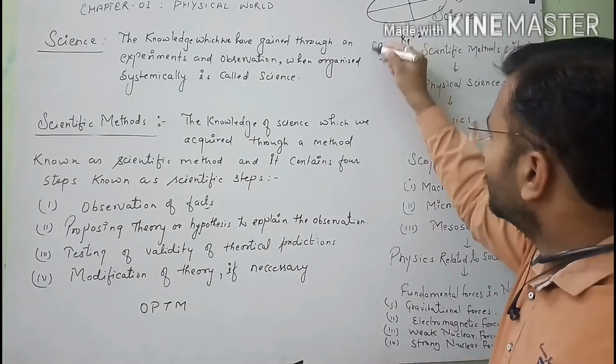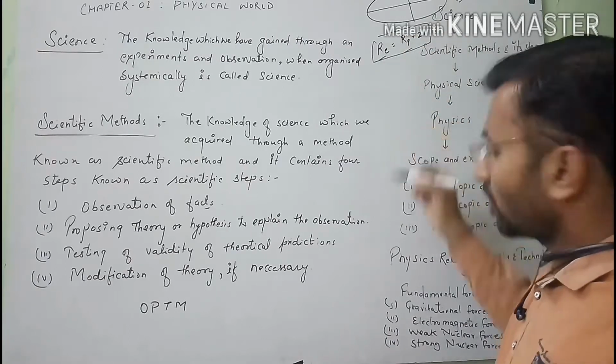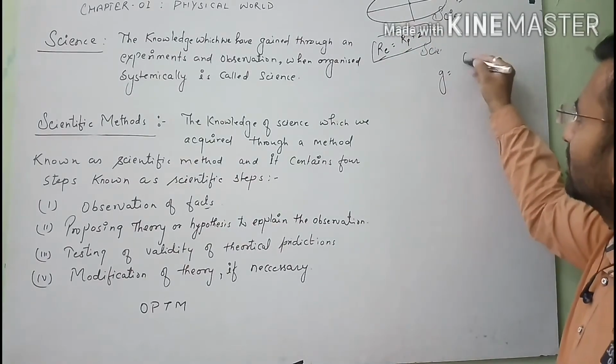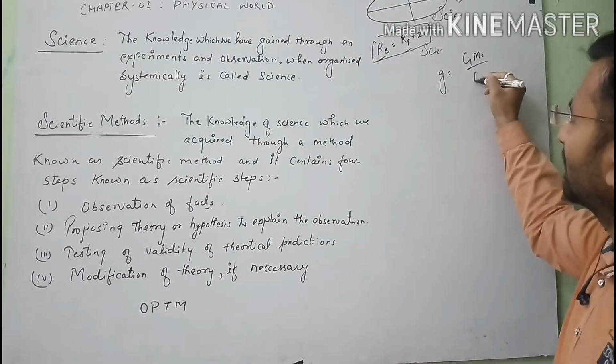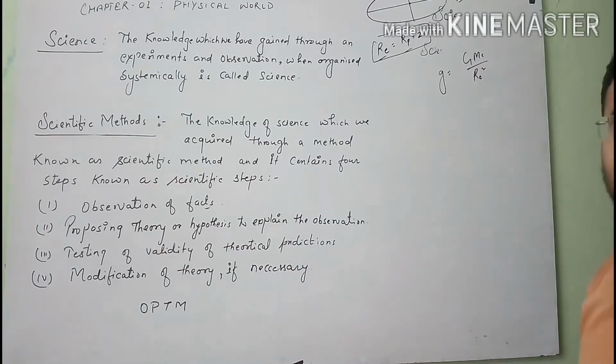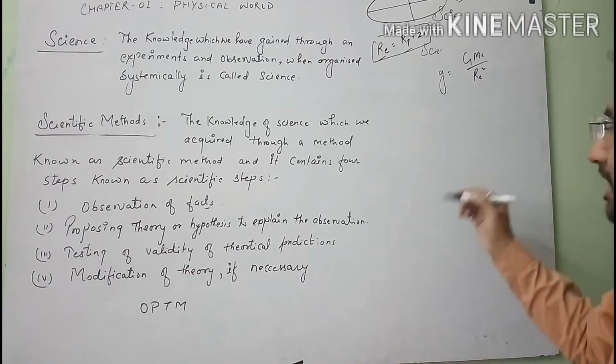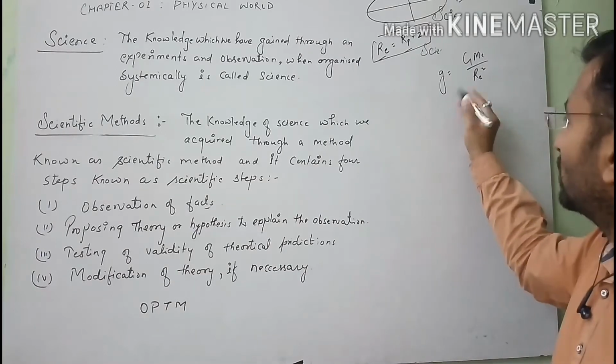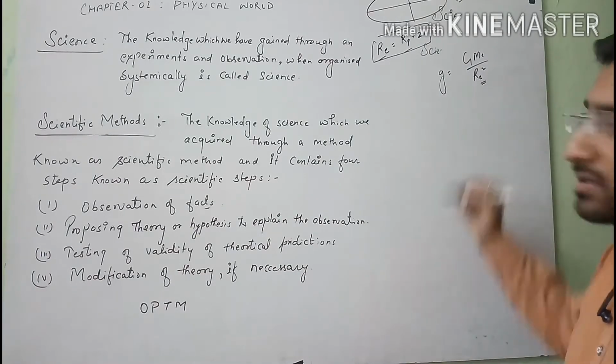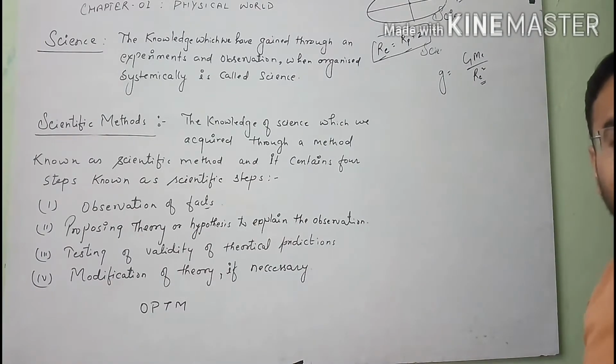At that time you will use the formula g = GM_E/R_E². You can easily see that the value of g depends on the radius of the earth.